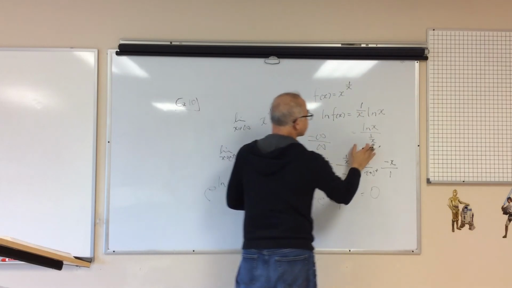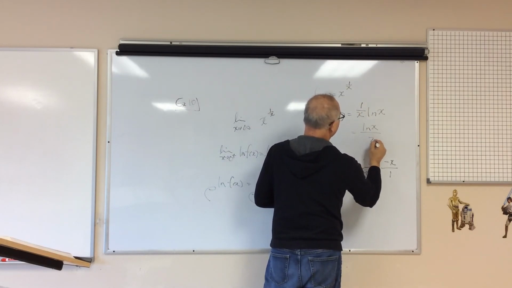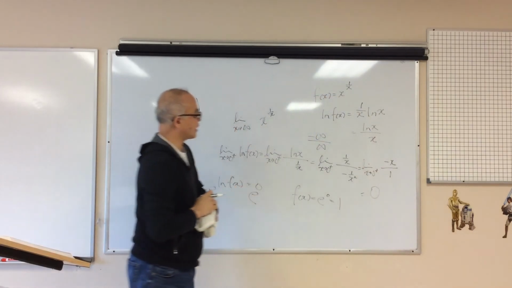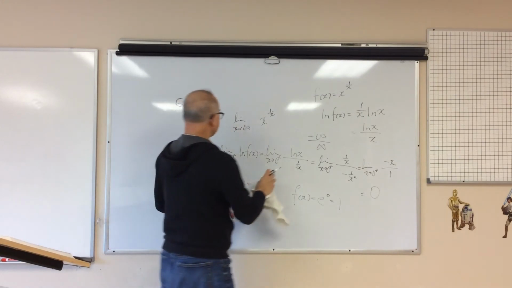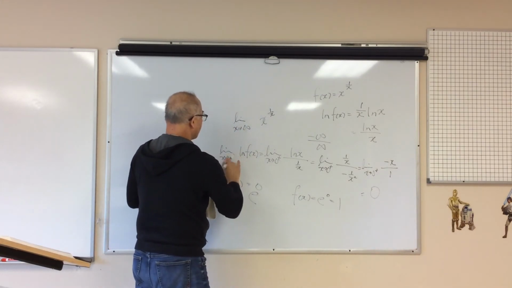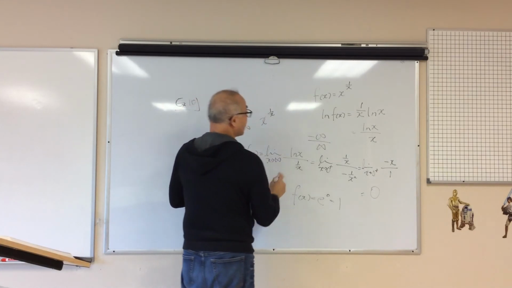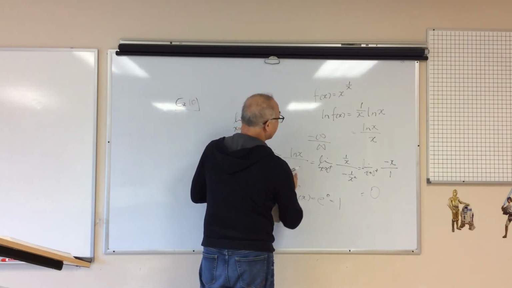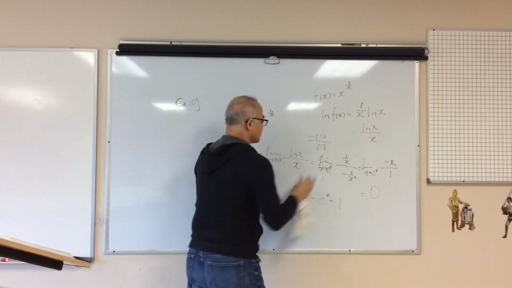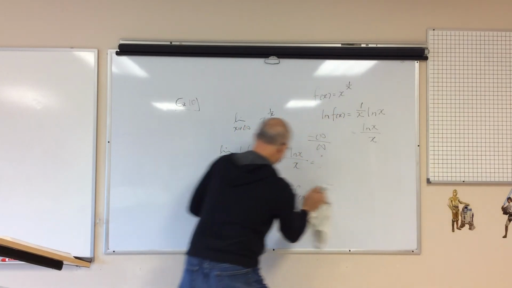I get that, so I am going to end up with something that looks like that. So we are now going to infinity. Natural log of that. Let's go ahead and evaluate that and see where we stand.